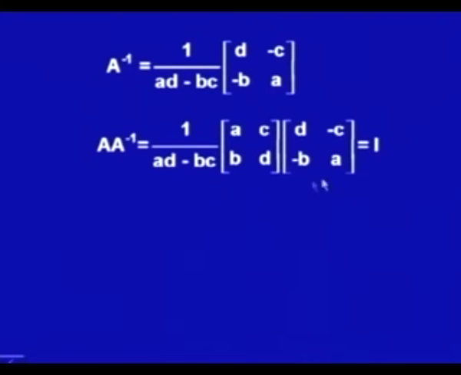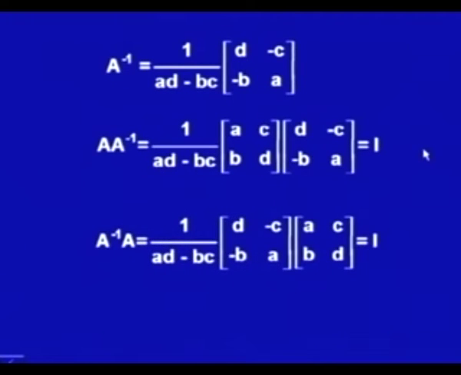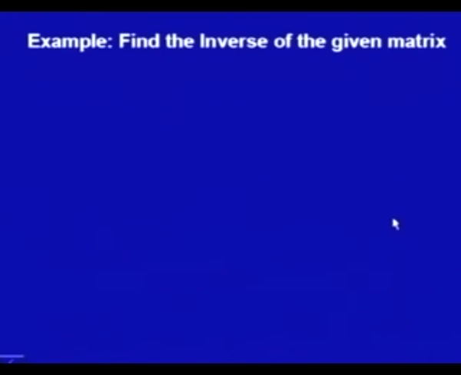And the last element, A D minus B C, gives 1 when divided by A D minus B C. So, on the right hand side we have the identity matrix. Similarly, one can prove that A inverse A is also the identity matrix. The viewer can perform this multiplication and get convinced. So, the result is verified.